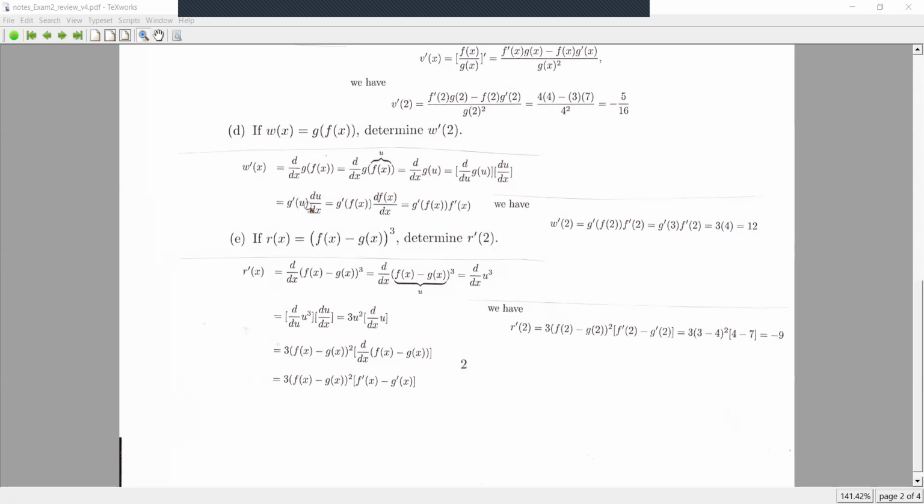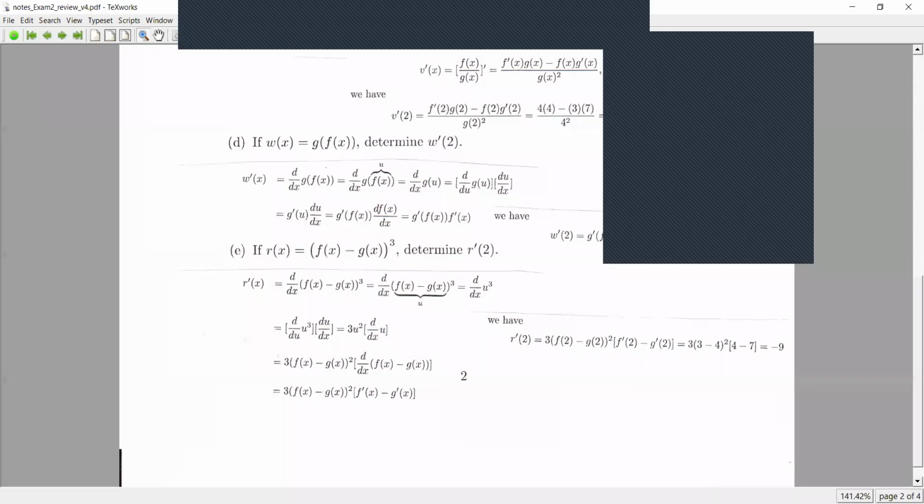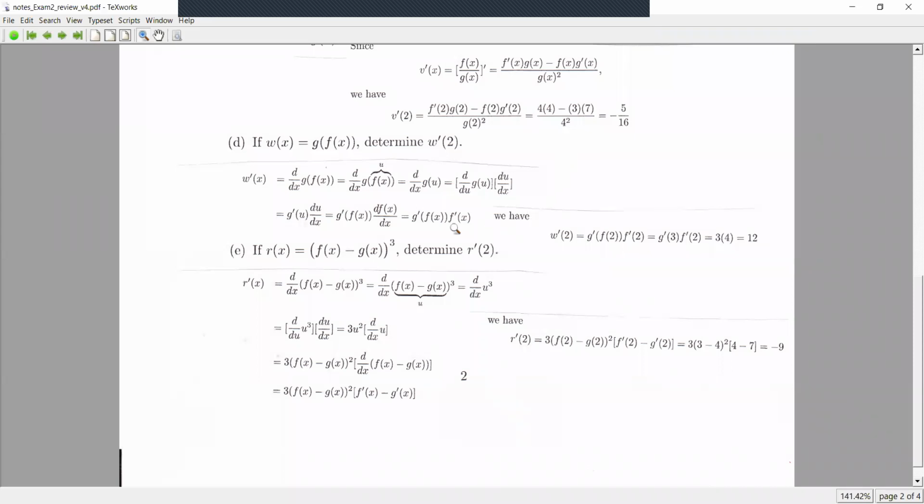Now, delete u by plugging f of x in for u here. Then I have this equation. Derivative of f with respect to x in the prime notation is f prime of x. Now, plug in 2 for x here, then derivative of w at 2 is this.